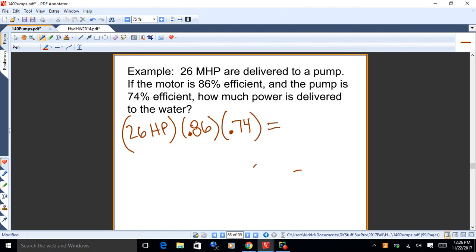What's going to happen is you're going to reduce the power to get to your final amount that goes to the water. And see, that's going to be reduced a good bit there. 16.6 horsepower would be delivered to the water. We've got one step down for the motor and a second step down for the pump. Okay.